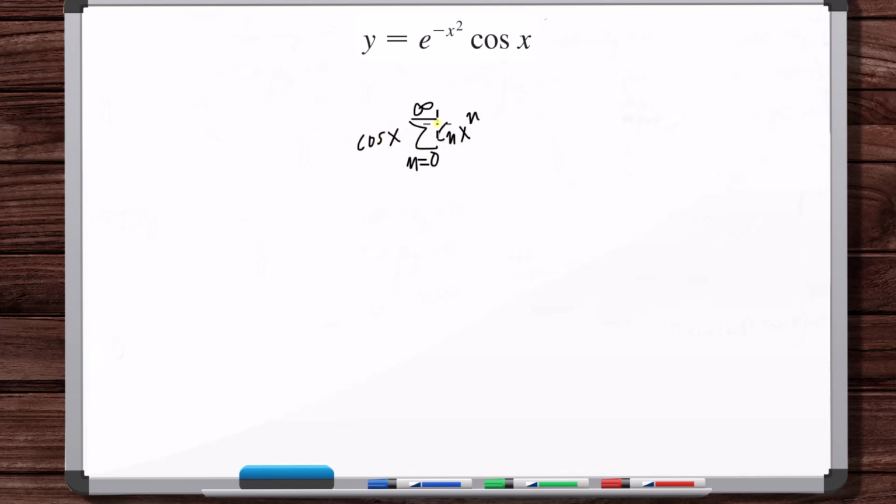I mean, you could do that. There's nothing wrong with that. That's valid, and you could bring the cosine x in. But the problem is you're not left with a power series once you've simplified.